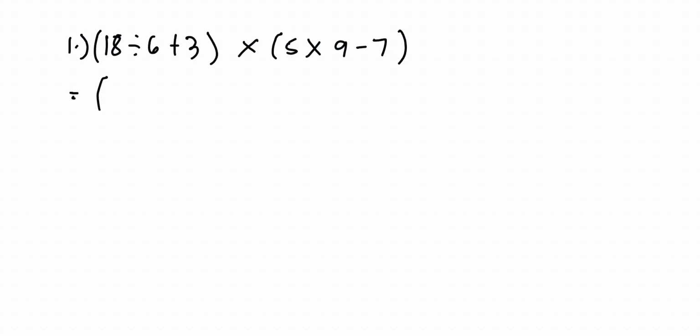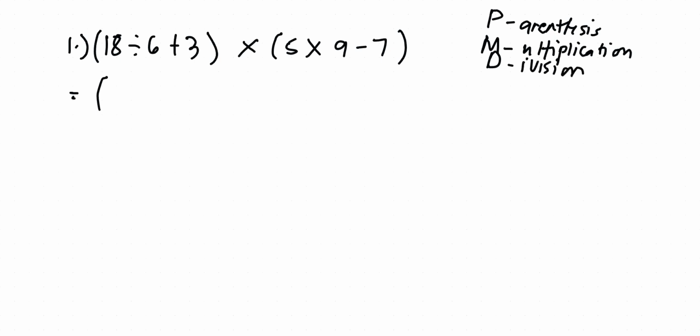We have to solve first the division before the addition because P stands for the parenthesis or the groupings, and then multiplication, and then the division, and then we have the addition, and as for subtraction.